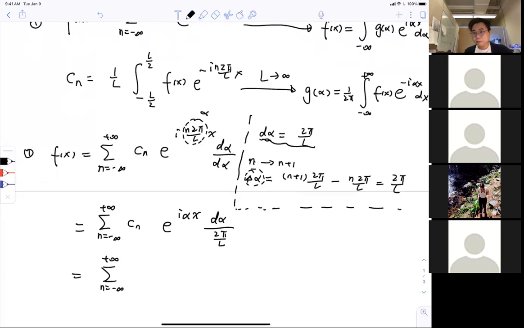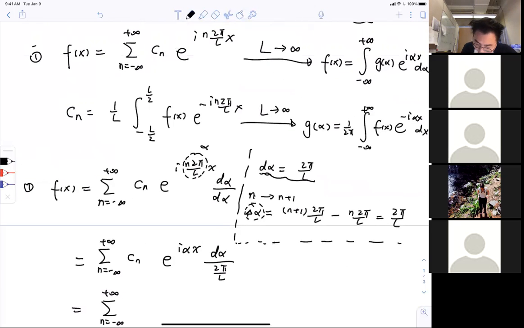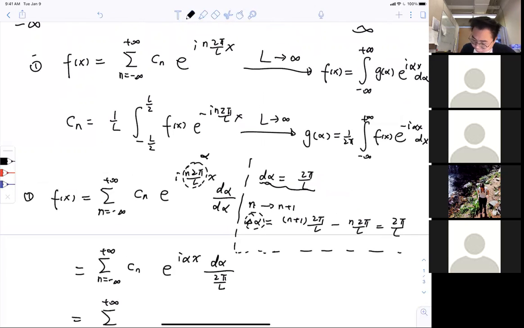Sorry, can I just ask again why you divided by d alpha? Oh, right. So basically, here I just rename our quantity. Originally it's n 2 pi over L, and I call it alpha. And I want to construct an integration over alpha, so I want d alpha. On the one hand, I add this d alpha. On the other hand, I want to keep this equation unchanged, right?